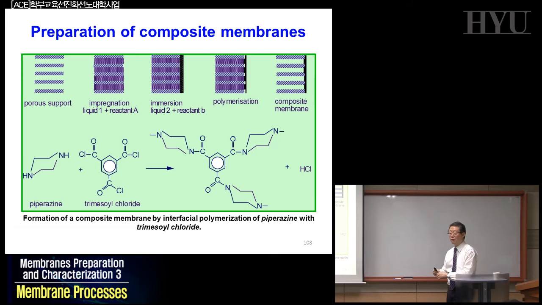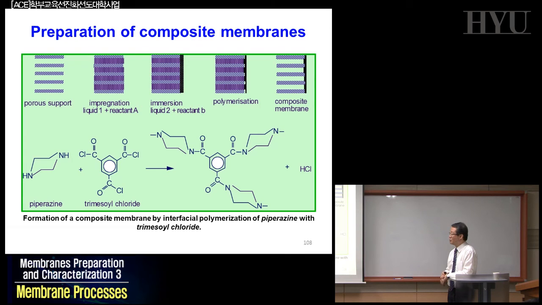So membrane life will be much more reduced if you're using aromatic diamines. But if you use aliphatic diamines, then the chemical stability is much more enhanced.